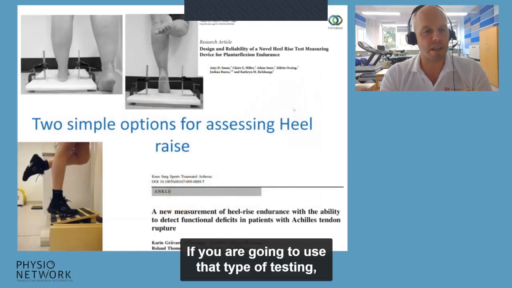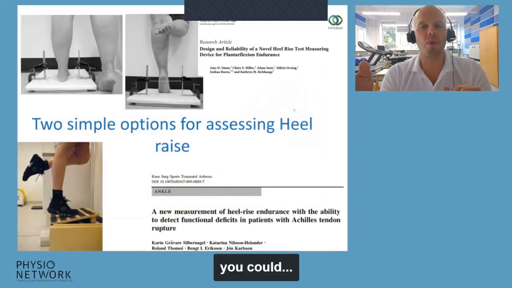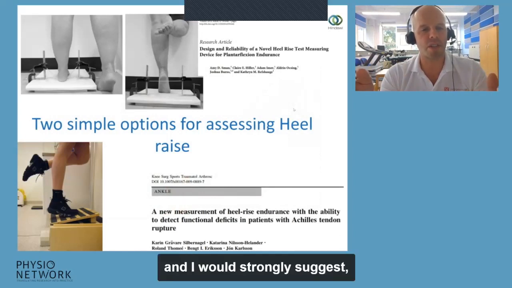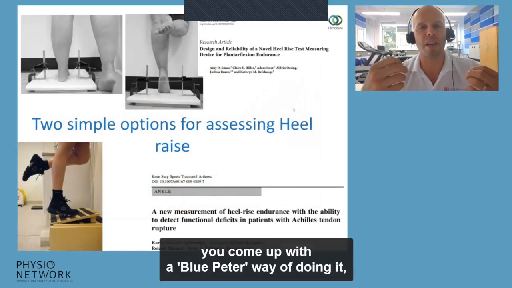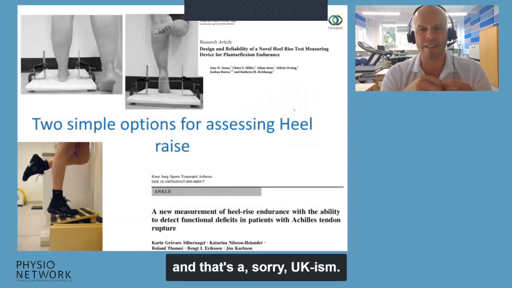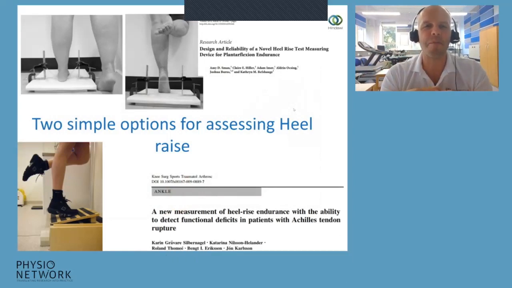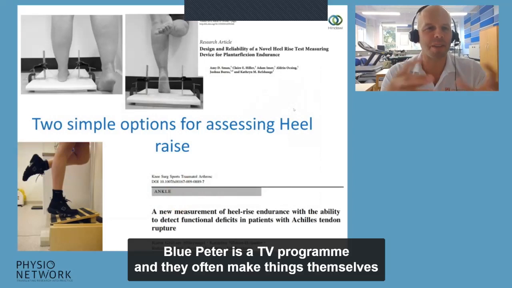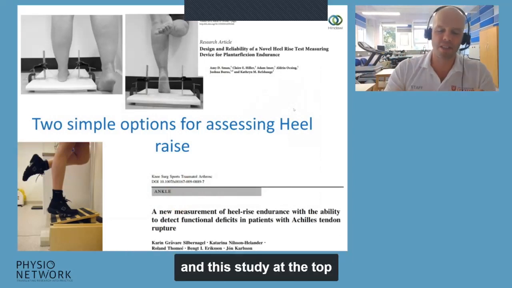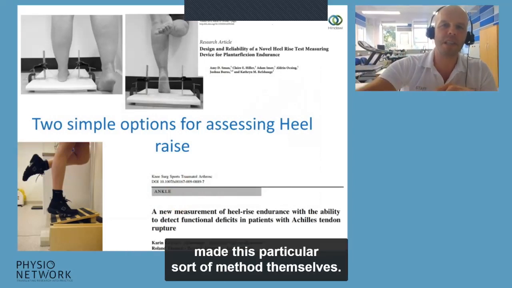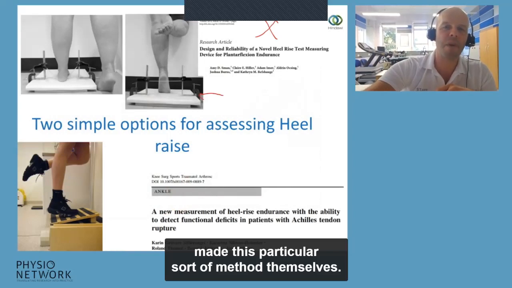If you are going to use that type of testing, I would strongly suggest you come up with a Blue Peter way of doing it, and that's a UKism. Blue Peter's a TV program, and they often make things themselves. And this study at the top made this particular method themselves.